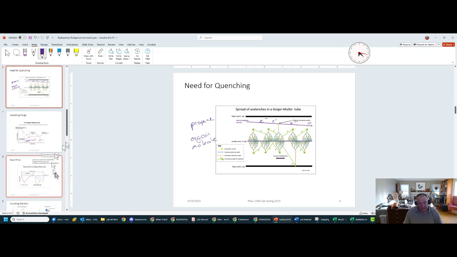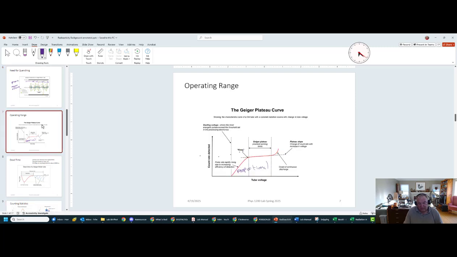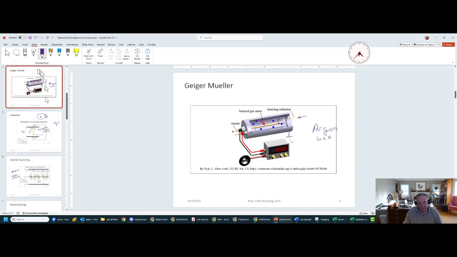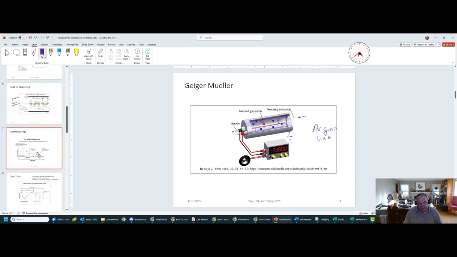But they may not all avalanche if the voltage is not high enough. As you get up and up, more and more of them start to avalanche. And then there's this region where changing the voltage of the power supply doesn't make any difference anymore in the number of ticks you get.